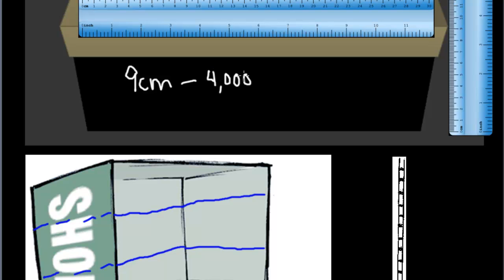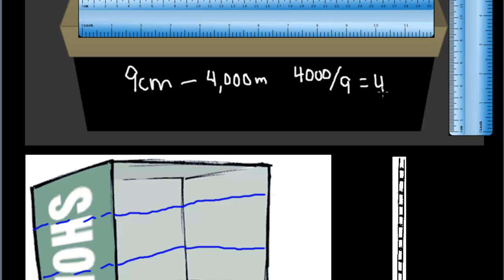So 4,000 meters deep. What we have to do is figure out a scale. To figure out this scale, we've got to figure out the depth of our water. Okay, and we're going to have 4,000. We're going to divide it by the height of our box, which is going to be 9. And what we're going to get here, this is almost 10. A little more than 4, and then there'll be 1.